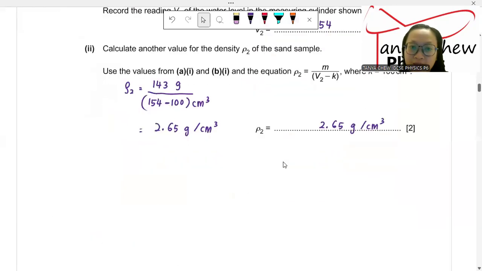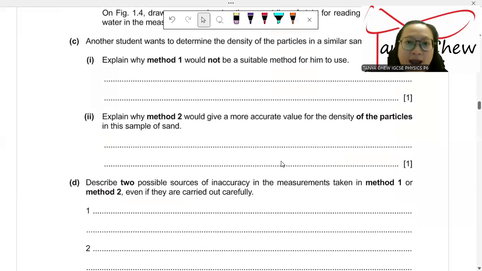So how are we going to write that in Word? I'm going to say that it is due to the gaps, because the sand particles come with different shapes and different sizes. So there must be gaps between the sand particles as well.